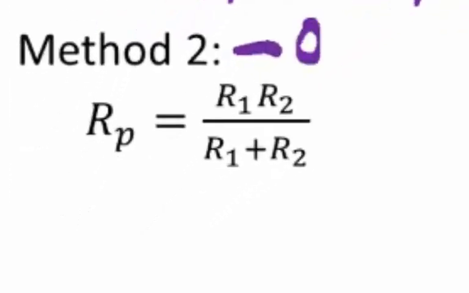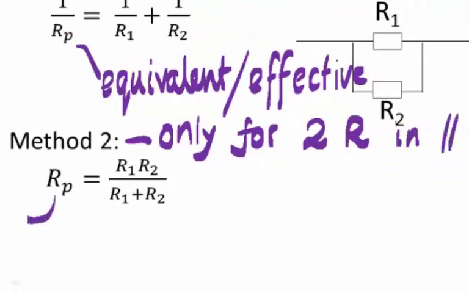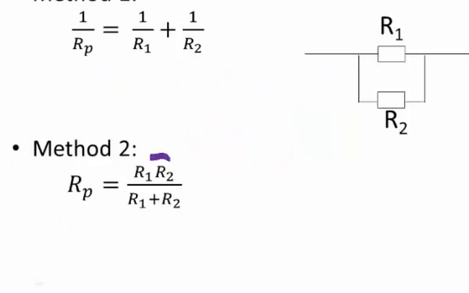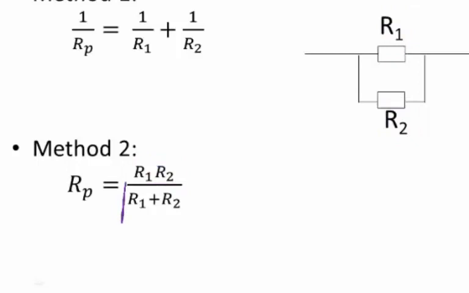Method 2 only works for 2 resistors in parallel. Again, we have Rp, equivalent or effective resistance of the parallel section. This method is quite nice because now it's not 1 over Rp. It's just plain Rp. Rp equals the product of the 2 resistors, the value of this resistance multiplied by the value of that resistance, divided by the sum of the 2 resistors.